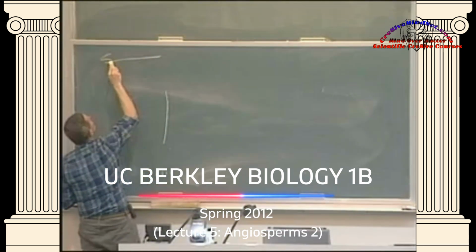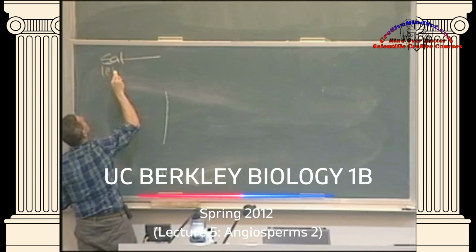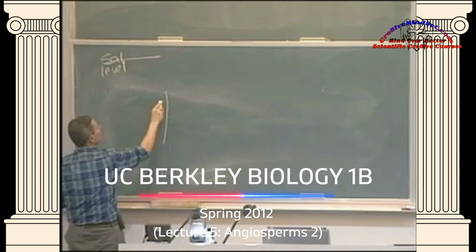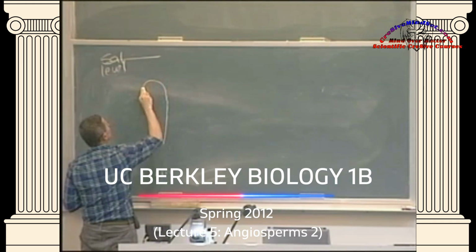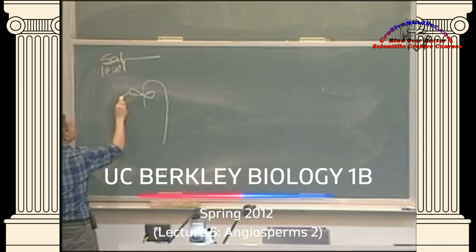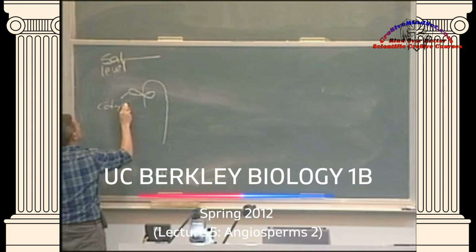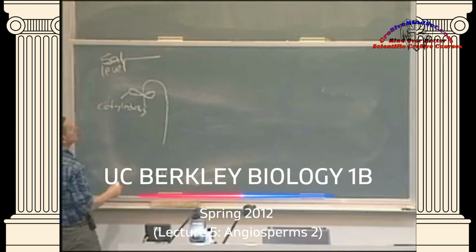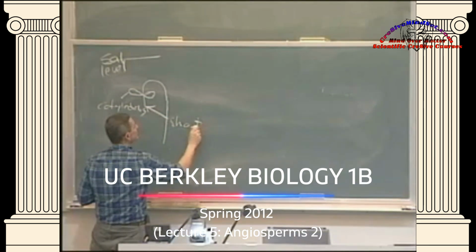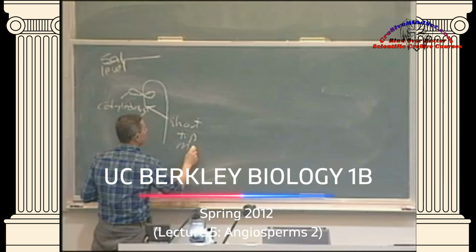Let's say this is the soil level at this point. If you look at a seedling which is germinating at the soil or below the soil, frequently these are the cotyledons. Here would be the shoot tip or shoot tip meristem.